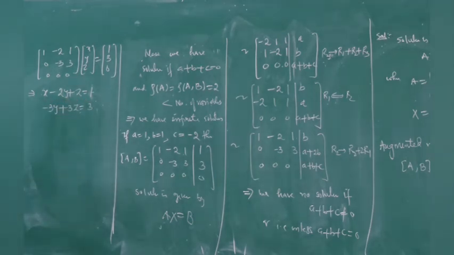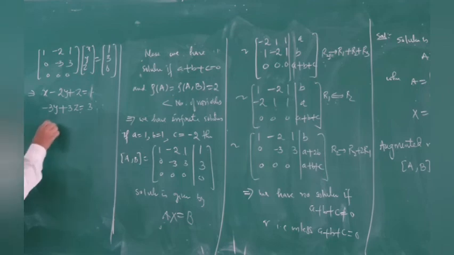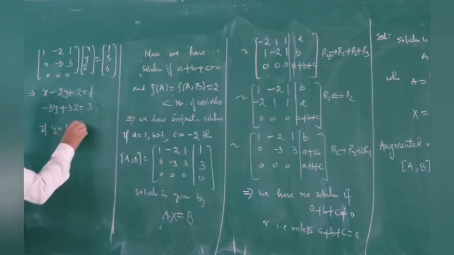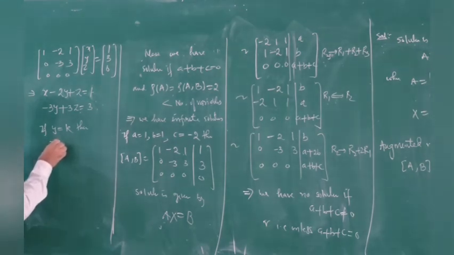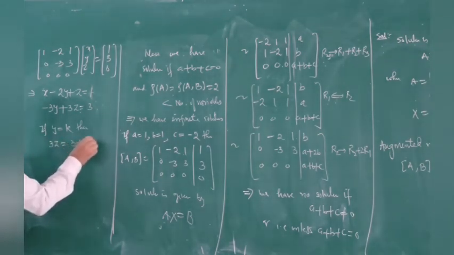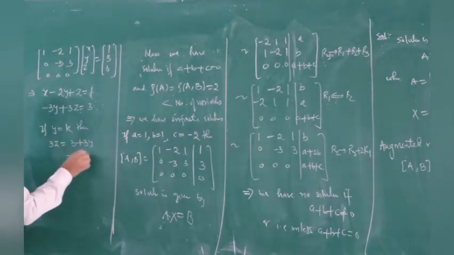Now we have two equations but three unknowns. So let us put Y equal to K. If Y equals K, then your 3Z will be 3 plus 3Y, which is 3 plus 3K.